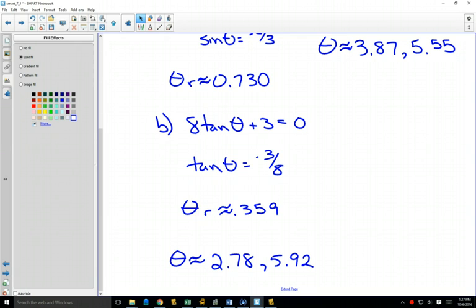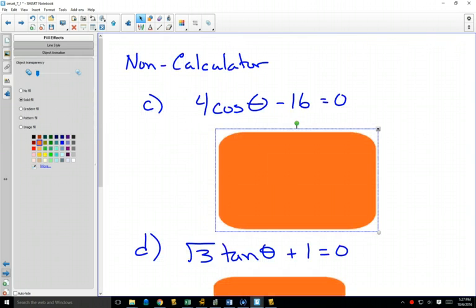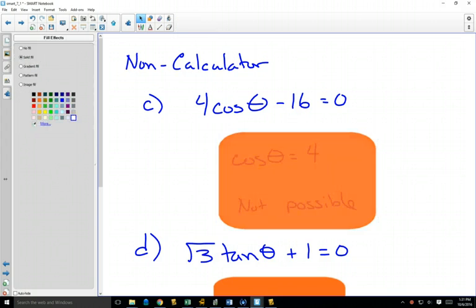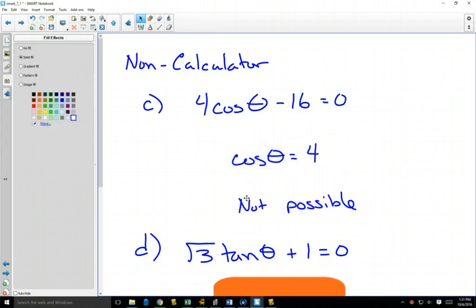Here are the next two. Now we have non-calculator ones. For the first one, solving for cos, you get cos theta equals 4, which is bigger than 1. That means not possible.